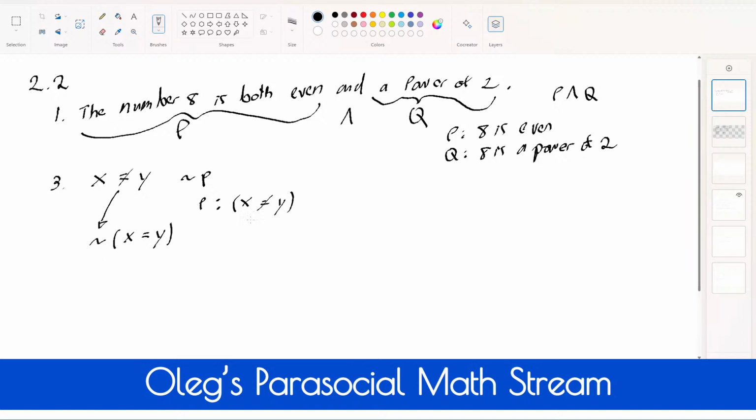So you could write not P, where P is X equals Y. We're recreating the exact thing. We're not trying to contradict the contradiction, which is what I did. I made a double negative there, essentially. But that's been fixed now.